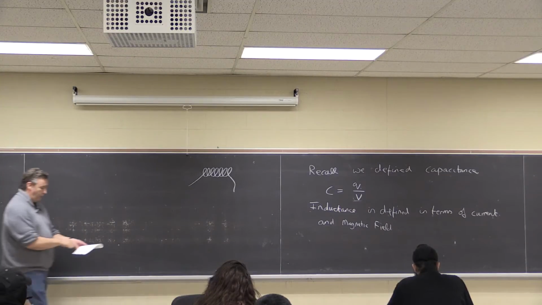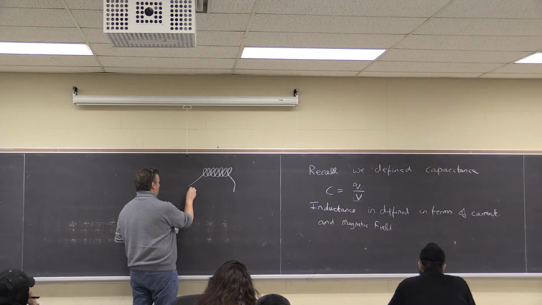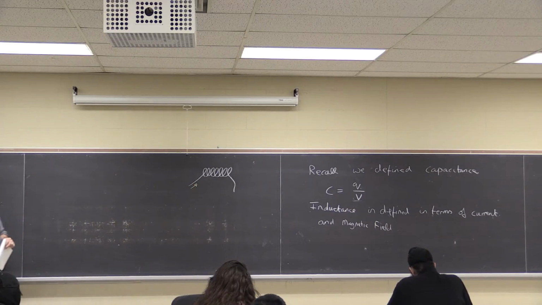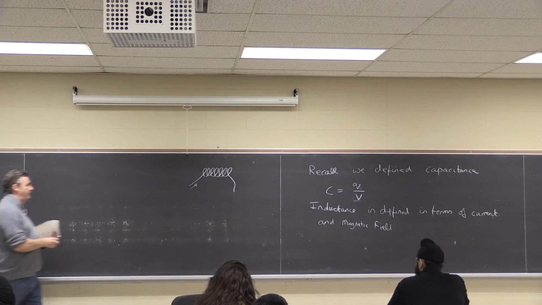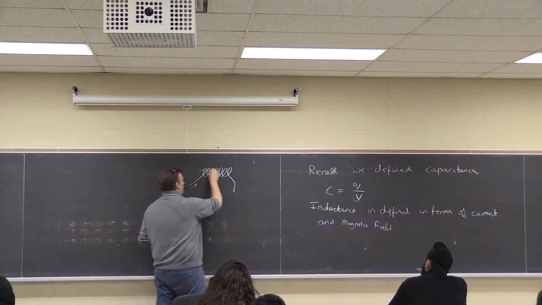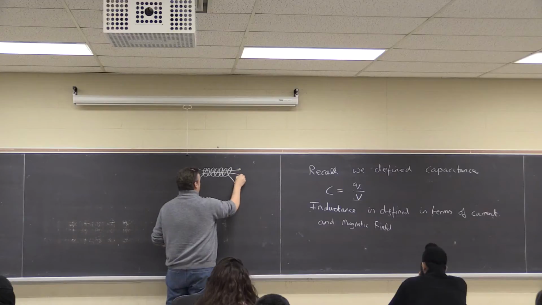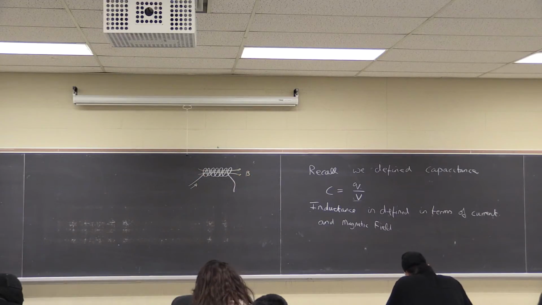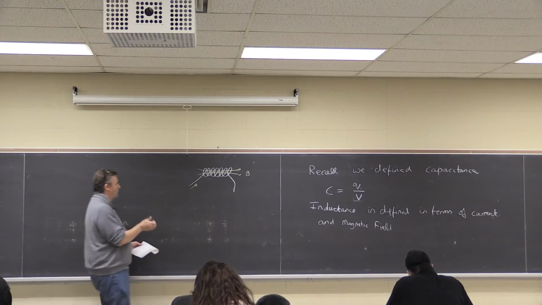If I inject some current, depending which way I've drawn the turns, I'm going to generate a magnetic field through this. So there'll be some magnetic field lines generated through this. And you can get the direction from the right-handed rule depending on which way you've drawn this.